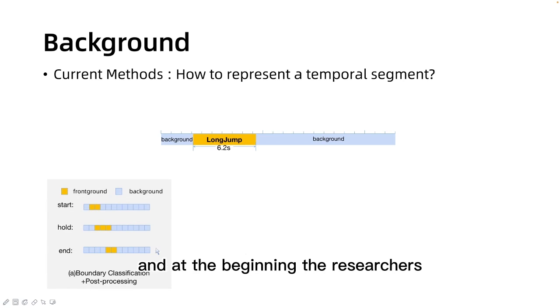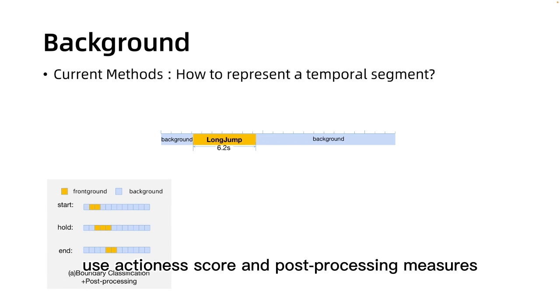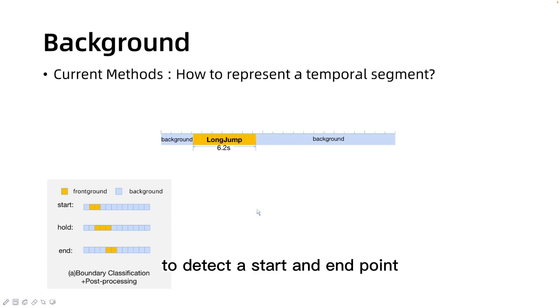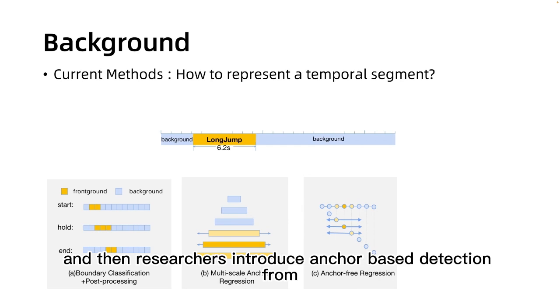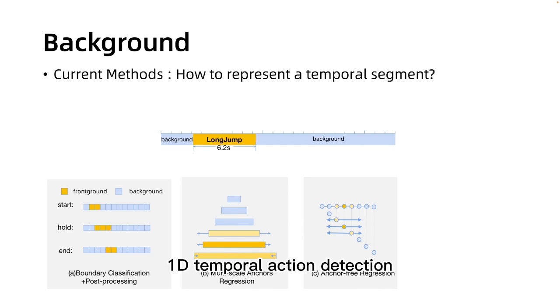At the beginning, researchers used actionness scores and post-processing methods to detect a start and endpoint. And then researchers introduced anchor-based detection from image detection to 1D temporal action detection.